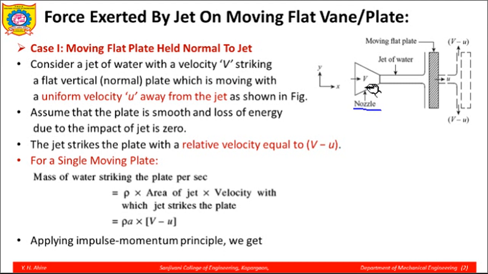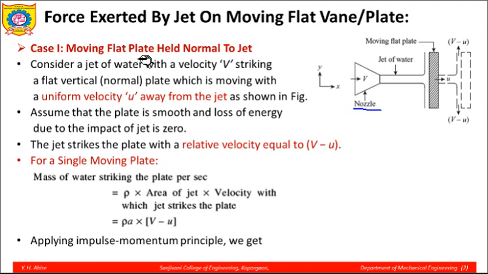Remember, the nozzle is always fixed in position, and it will produce the jet with some absolute velocity, capital V. So the absolute velocity of the jet is capital V, produced by the nozzle, which is always stationary, while the plate has some initial velocity, small u. Okay, and that too it is moving in x direction away from the jet. So this is our given situation.